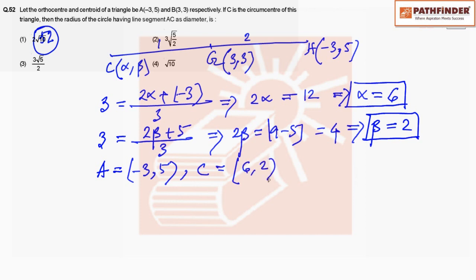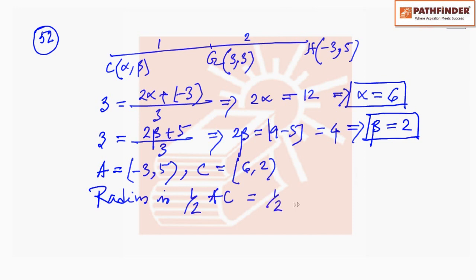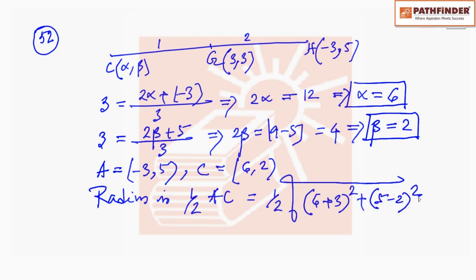So the radius of the circle having segment AC as diameter is half of AC, which means half of root under 6 plus 3 square plus 5 minus 2 square.